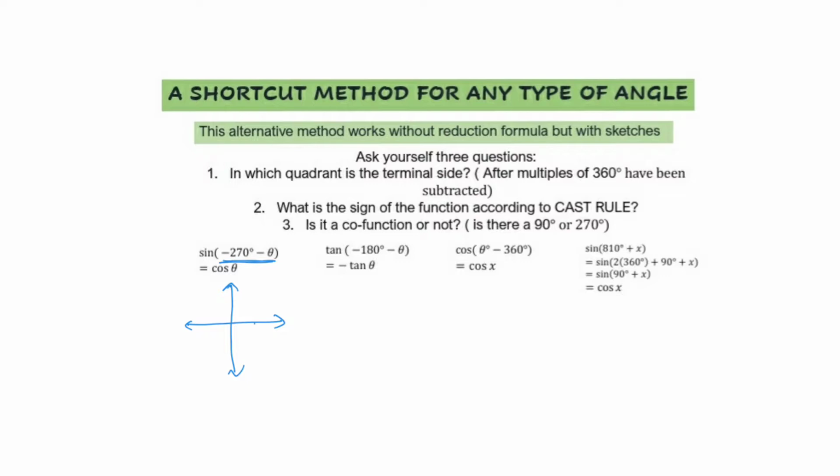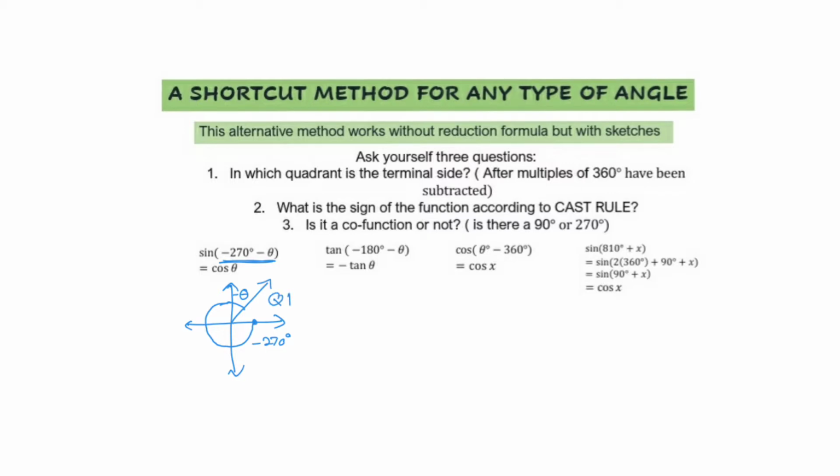Okay, where would negative 270 sit? That would mean you have to go 270 degrees, 90, 180, 270 is exactly there. That is negative 270 degrees. Now we need to go negative theta. That's clockwise. Theta is always an acute angle. So there's negative theta. Where did we end up? In quadrant 1.